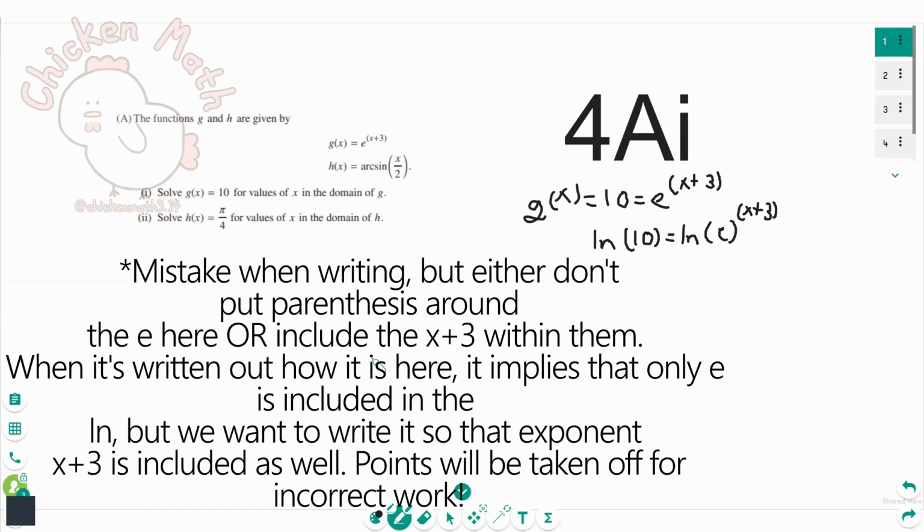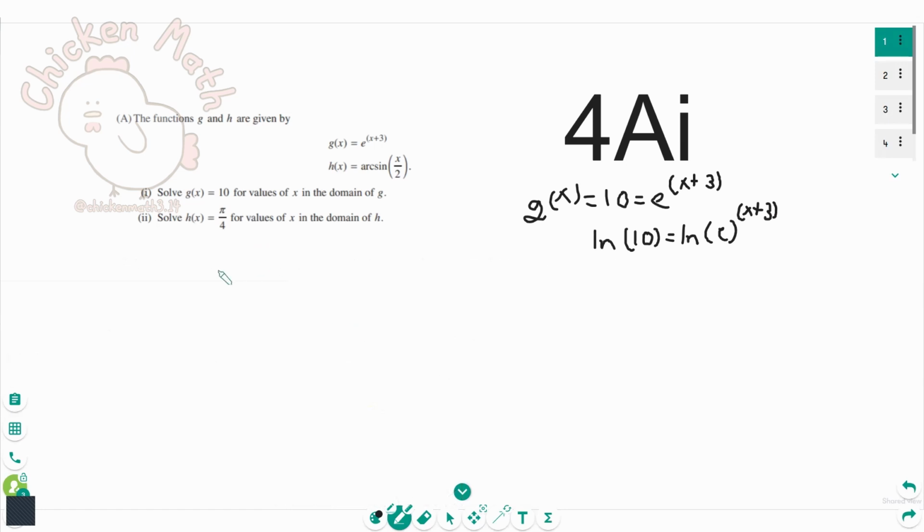If you recall your ln, e, and log relations, if you write out ln of e to the x plus 3, ln is just log base e. So you can bring this x plus 3 outwards, because if you're multiplying something by log, that just becomes the exponent of whatever is inside. Bringing your x plus 3 outwards, just remembering our log rules, we get log base e of e.